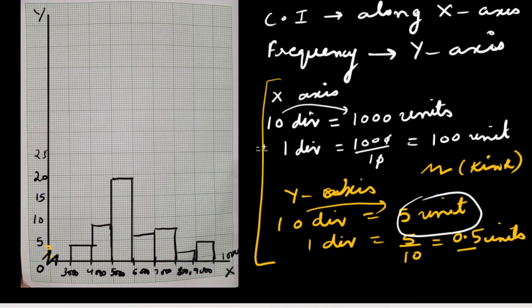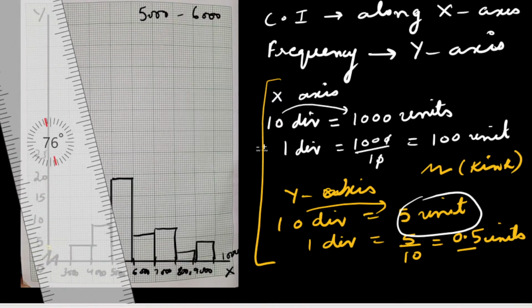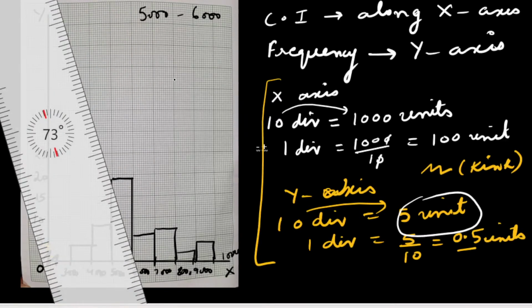This is 4. So for finding the mode, what do we have to do? For finding the mode, we just have to see the highest or the longest bar. You can see it is 5000 to 6000. If you see the 5000 to 6000 interval, you can see the highest bar over there. Now its highest point you have to see, you have to draw like this.